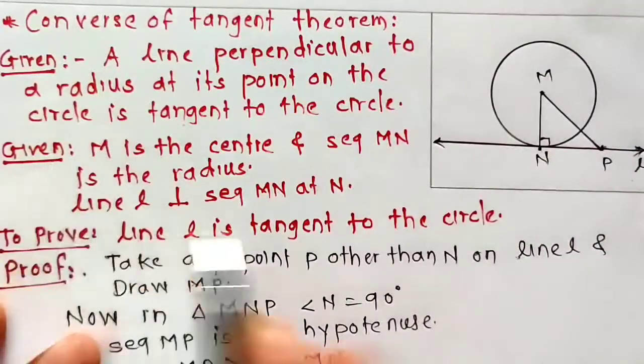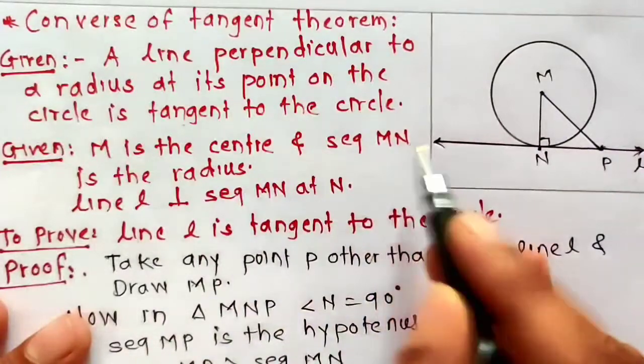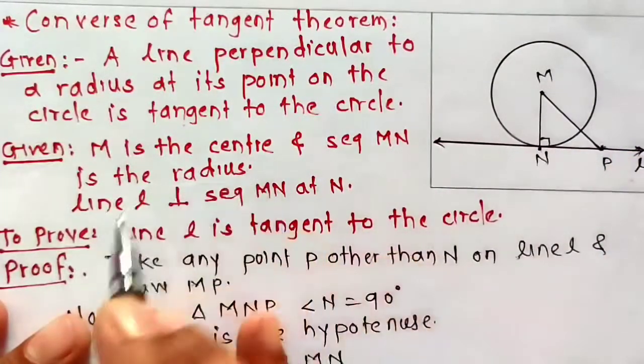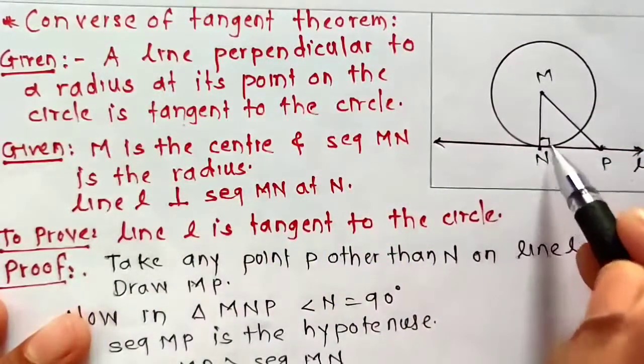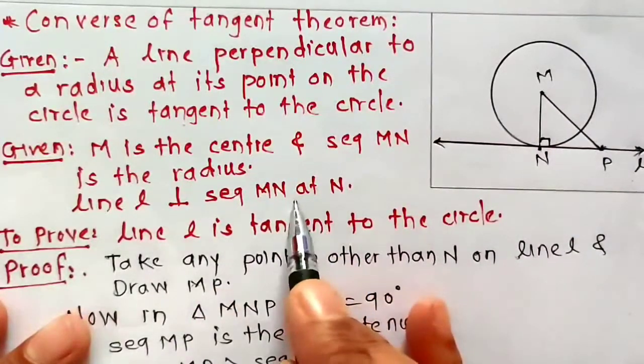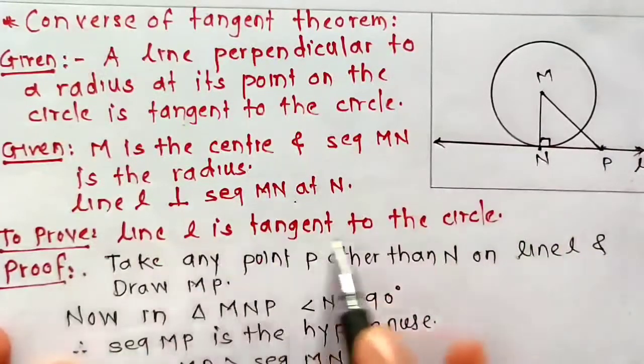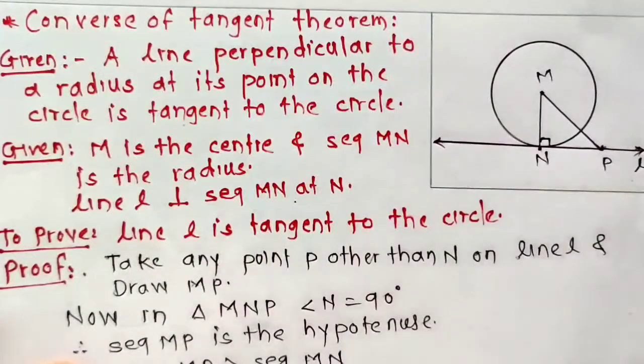So what is given here? M is the center of the circle, segment MN is the radius, and line L is perpendicular to segment MN at point N, that is, at the point of contact. Then we have to prove that line L is a tangent to the circle. Here an indirect proof is used.